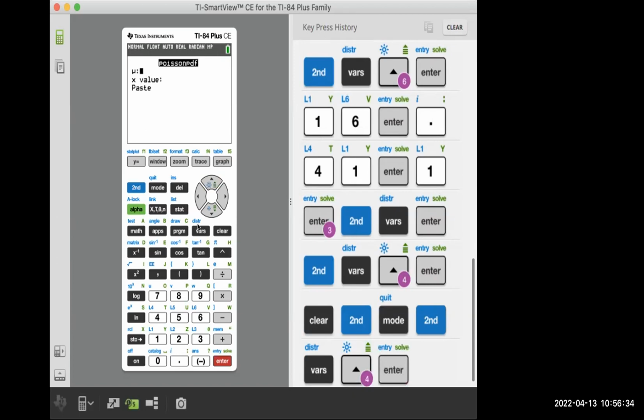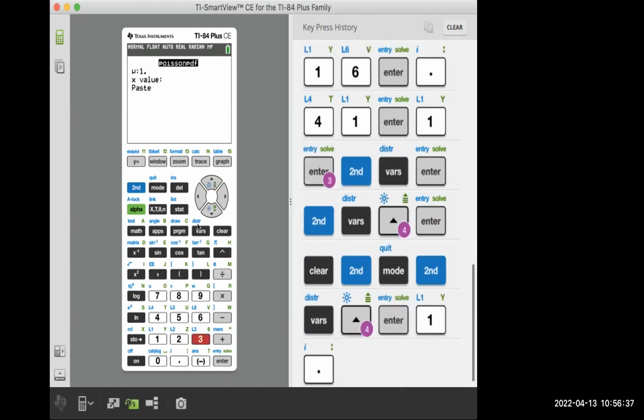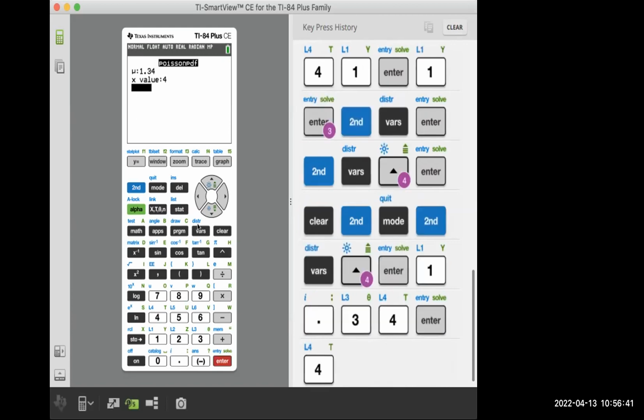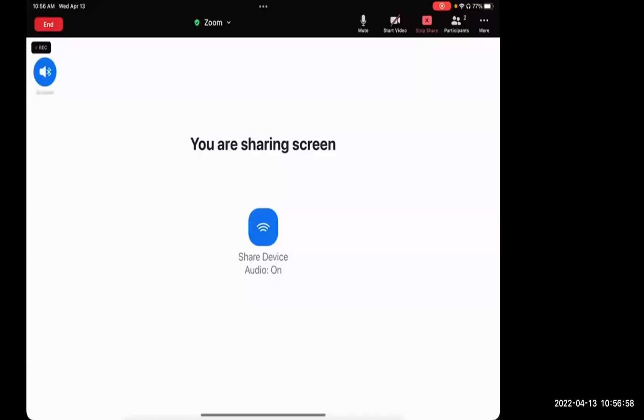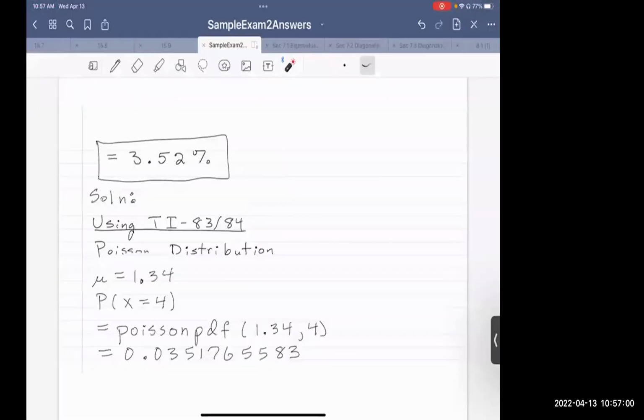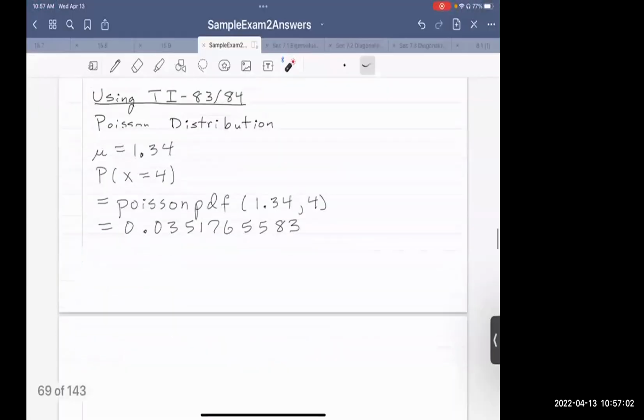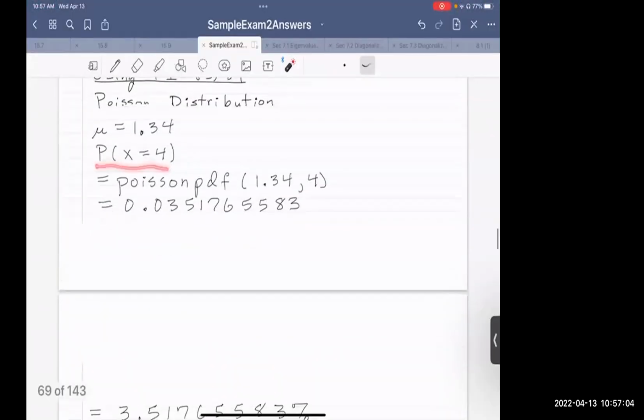I have that mu is 1.34 and x is equal to 4. And so you get 0.035176553. Let me type that into my iPad. I wanted to find the probability x is equal to 4.